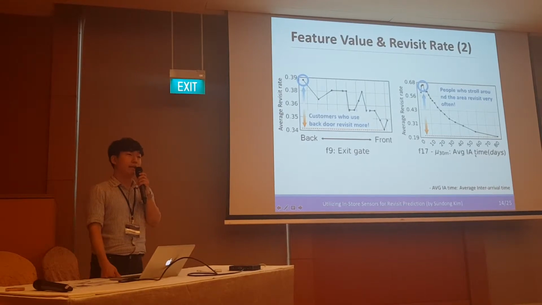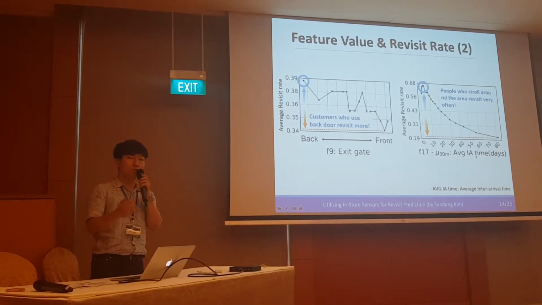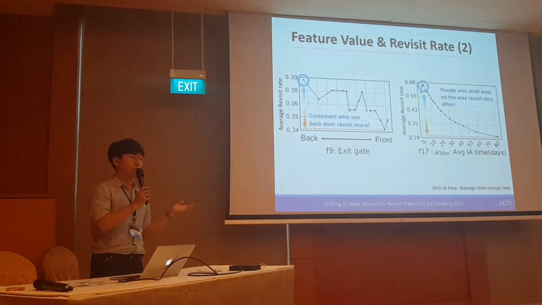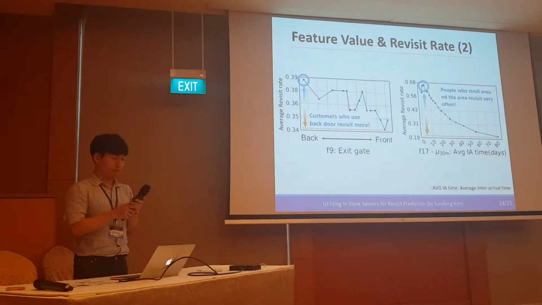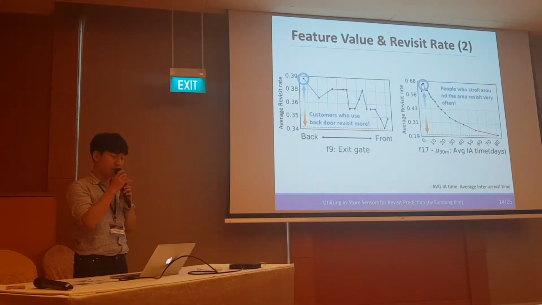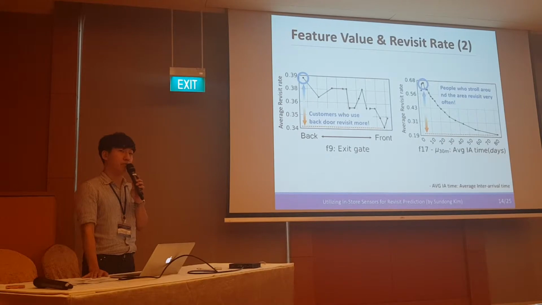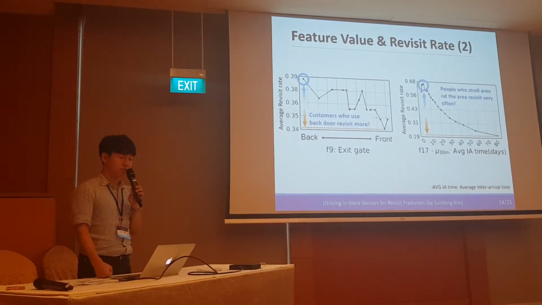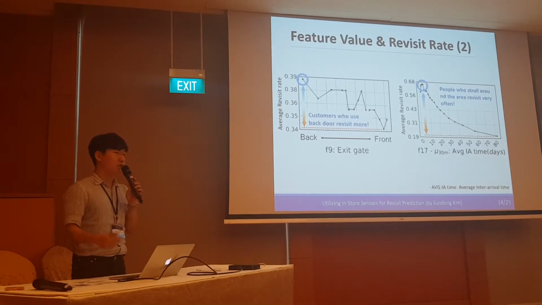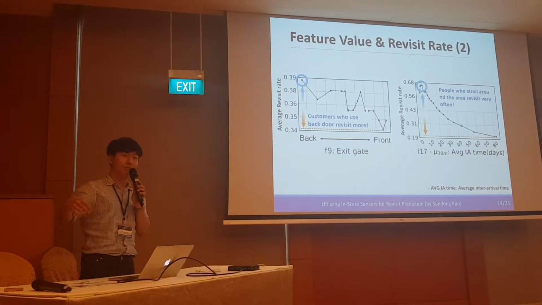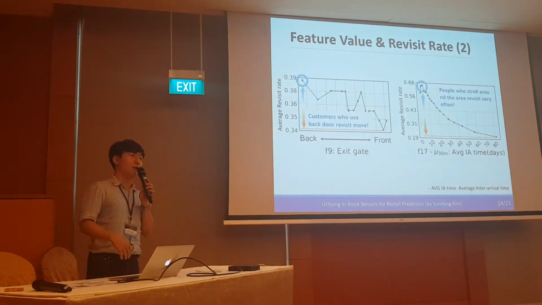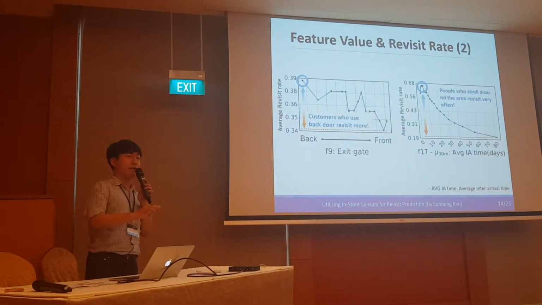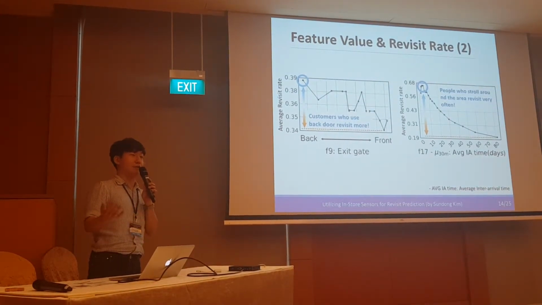The last figure is about the average inter-arrival time. We haven't used any user profile in this research because we don't have any. So we have to use customers' mobility pattern outside of the store as ad hoc information about users' addresses.